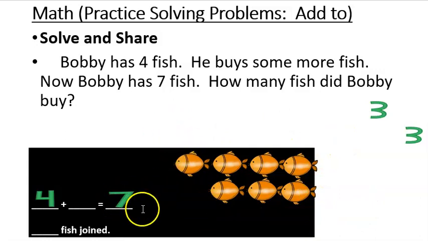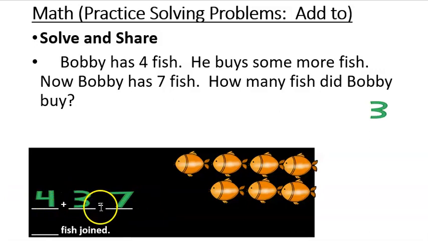Now watch. How many are in the second row? How many fish did Mr. Brigade put right here? How many is right here? Let's count. 1, 2, 3. So first graders, what number goes here? 3. So Mr. Brigade is going to bring that 3, and look, we solved our addition equation.